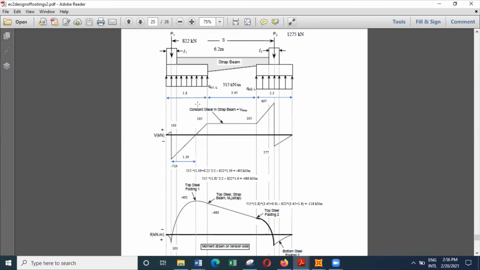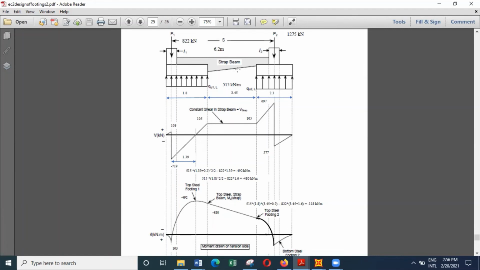Then the other issue that we have to consider is, what are we going to do with this 492 kilonewton meter moment? And that 492 kilonewton meter moment will act on this base. So which means we'll have to select a suitable thickness for this base. And how do you select the thickness for this base?